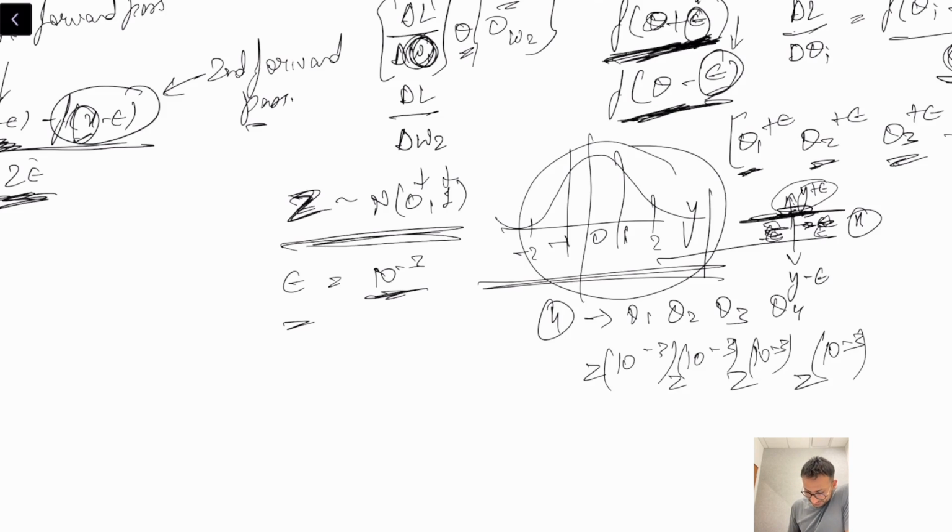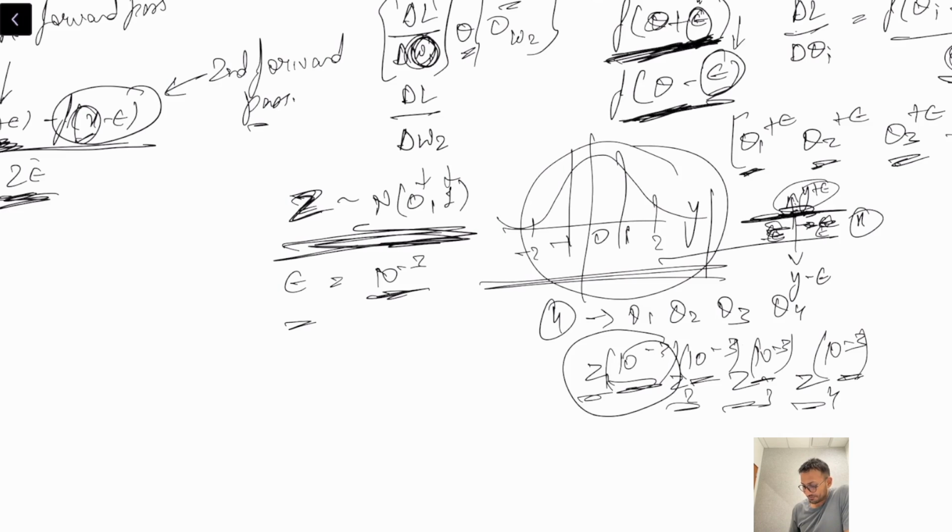So z will basically be of dimension equal to the number of parameters in my model, and it'll be sampled from standard normal. And then I'll multiply this epsilon by the z. So there'll be z1, z2, z3, z4, and that adds randomness to my process. So there'll be an epsilon, and then some of this will be epsilon times z, which might be on the positive side of things in my distribution.